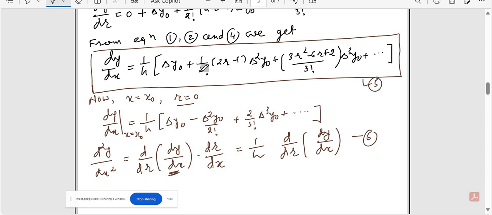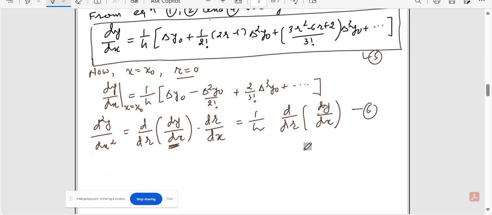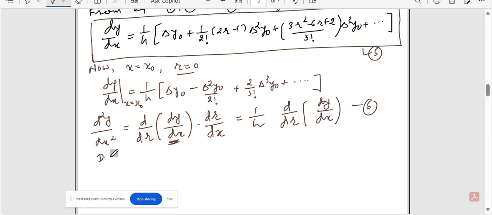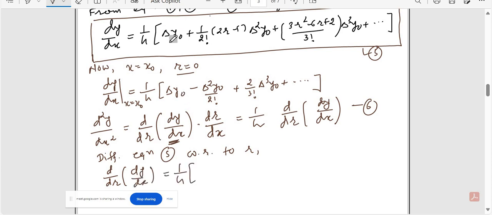Now differentiate this equation again with respect to r. So differentiate equation number 5 with respect to r. What do we get here again? d by dr of dy by dx equals 1 by h times: the differentiation of delta y0 in terms of r is 0, because there is no r. Yes or no?